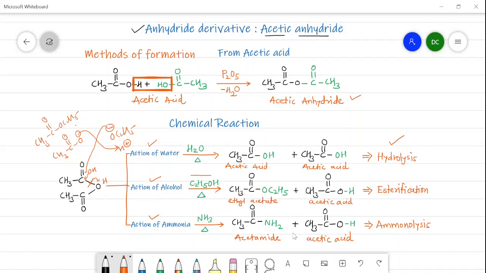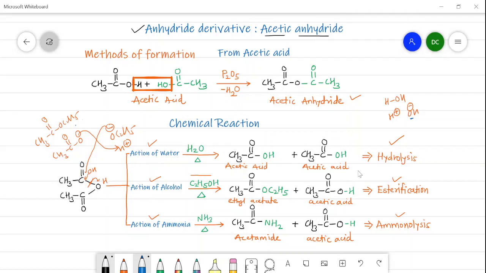So from these three reactions, it is clear that it may be a hydrolysis, esterification, or ammonolysis. We have to check which reagent is used. Suppose water is used, so we have to split this water into H plus ion and OH minus ion. Then the OH minus ion will attack one of the carbonyl carbons, and H plus ion will attach to the oxygen here.